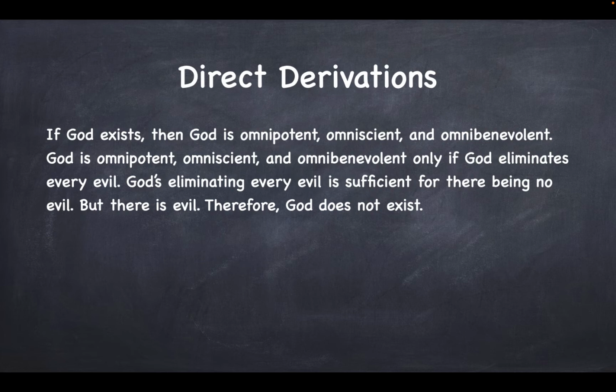I just picked this. Philosophy majors, this may look familiar, or a version of this. This is a version of the argument from evil, which is an argument against the existence of God. This is not a direct quote from anyone, but you might encounter something kind of like this in a philosophy text at some point.